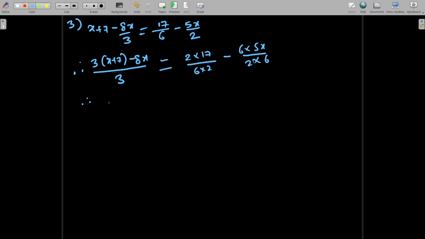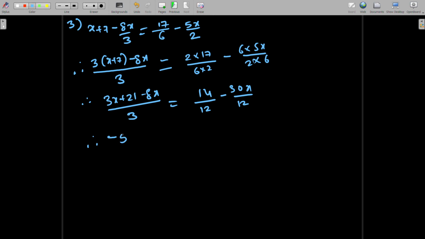Therefore, open the brackets, 3x plus 21 minus 8x divided by 3 is equal to 14 by 12 minus how much? 30x by 12. Therefore, now 3x minus 8x will be how much? Minus 5x plus 21 divided by 3 is equal to, now here 14 minus 30x divided by 12.